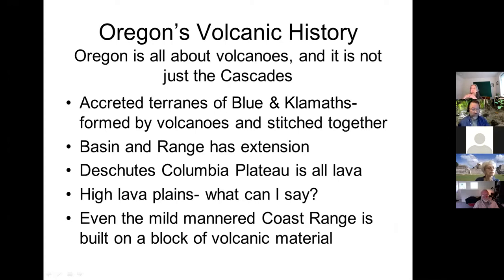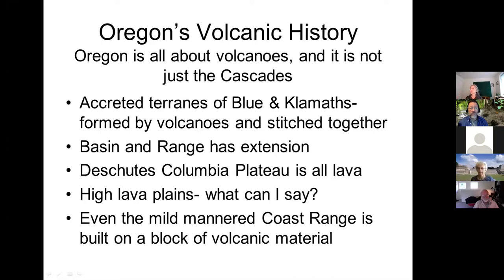We've got the Basin and Range, which is all about extension. And when you pull the Earth's crust apart, the hot stuff underneath comes closer to the surface. So we have a lot of hydrothermal features in the Basin and Range. I should have mentioned that. We have a lot of hot springs there because the lava is so close to the surface, because this area has been stretched.